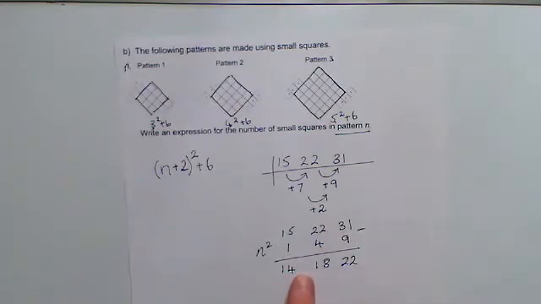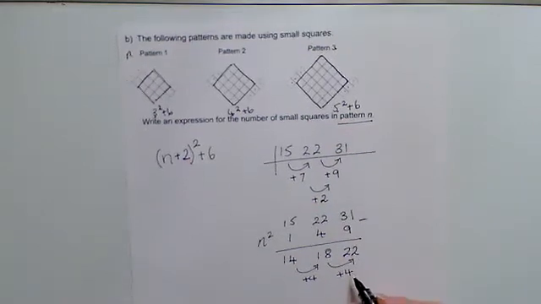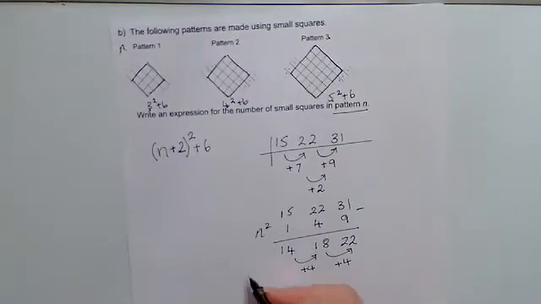Now I need to find the nth term for this sequence. So 14 to 18 is add 4, 18 to 22 is add 4. So I've got a common difference, so this is a linear sequence, and the common difference is always the multiplier for my n. So this sequence would be 4n.